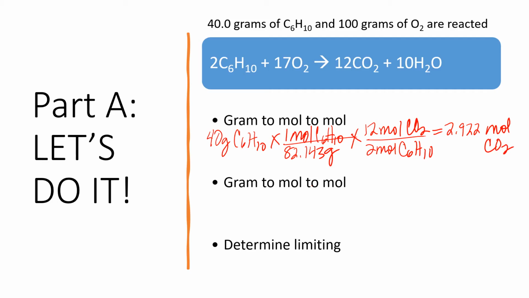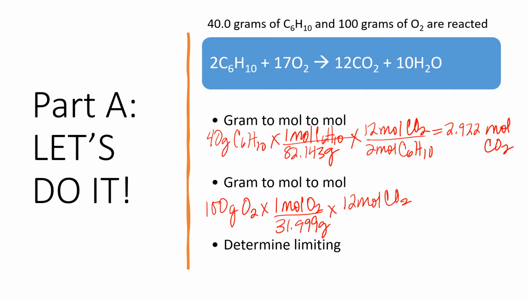We do this again for oxygen. 100 grams of O2 times 1 mole O2 per 31.999 grams times, in this case, 12 mole of CO2 for every 17 mole of O2.